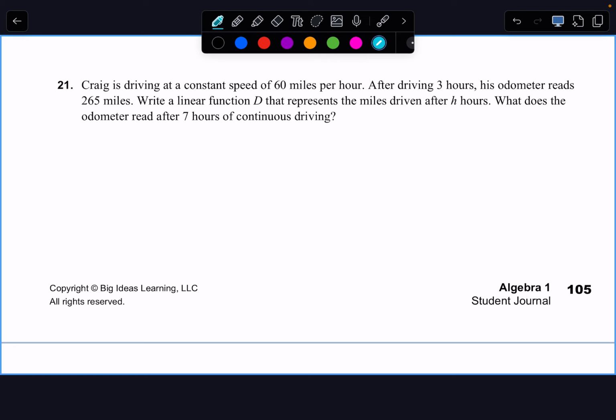Something that I really want to emphasize is what that slope means in context. Do you remember back in chapter 3 when we were looking for, is it linear, is it not linear? What was something that we were looking for, especially with the numbers? Connor? A constant rate of change.